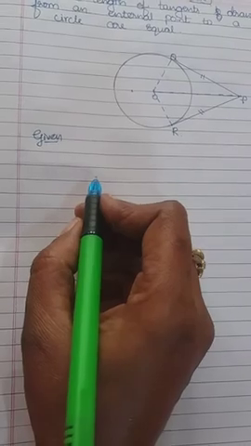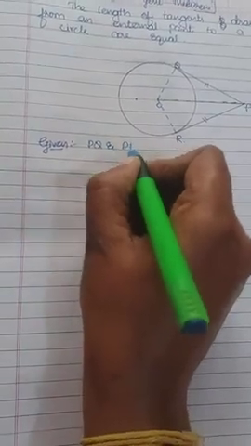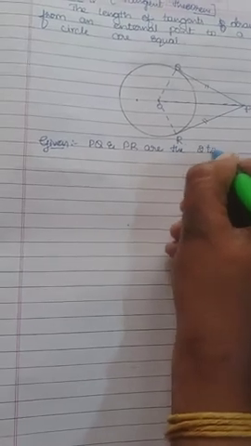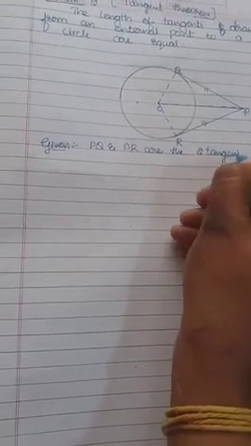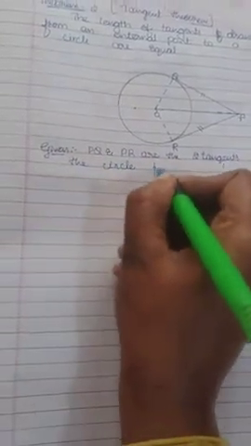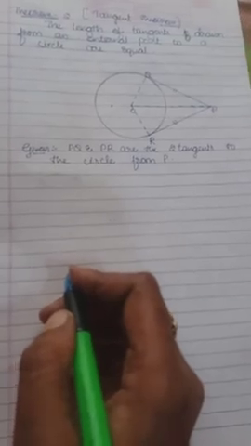Here given is PQ and PR are the two tangents to the circle from P. We can write this: PQ and PR are the two tangents to the circle from P, that is given.